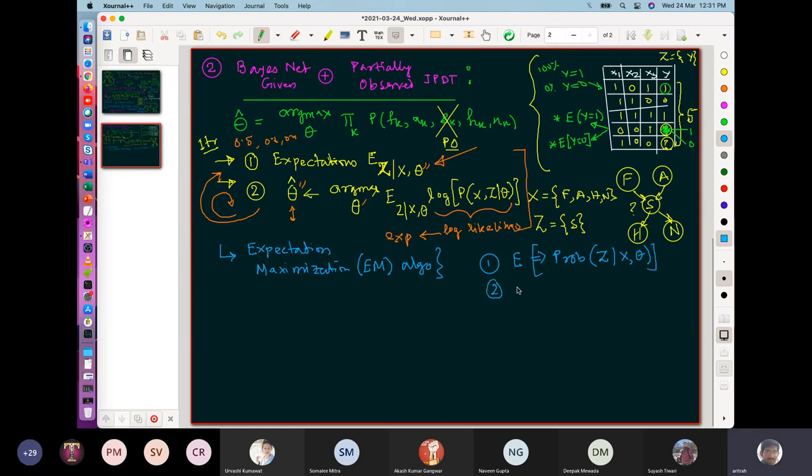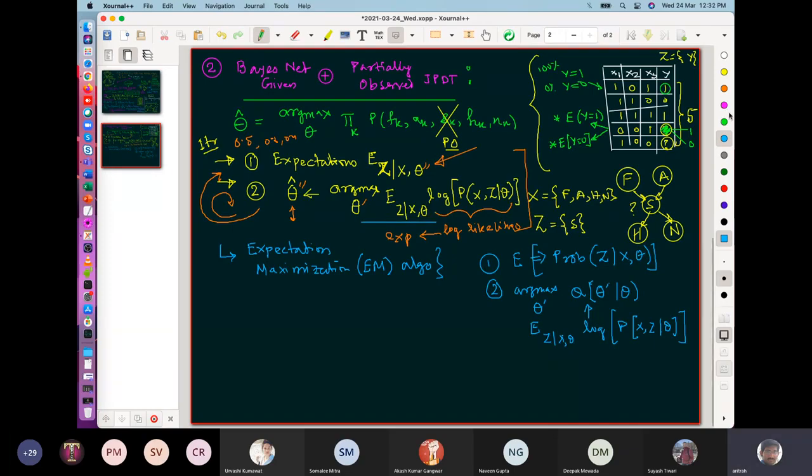In the second step, you maximize: the argmax of the new theta value with respect to q given theta. And this thing is nothing but the second thing I wrote, the expectation of z given x comma theta of log of probability x comma z given theta. This one, I just wrote this one.